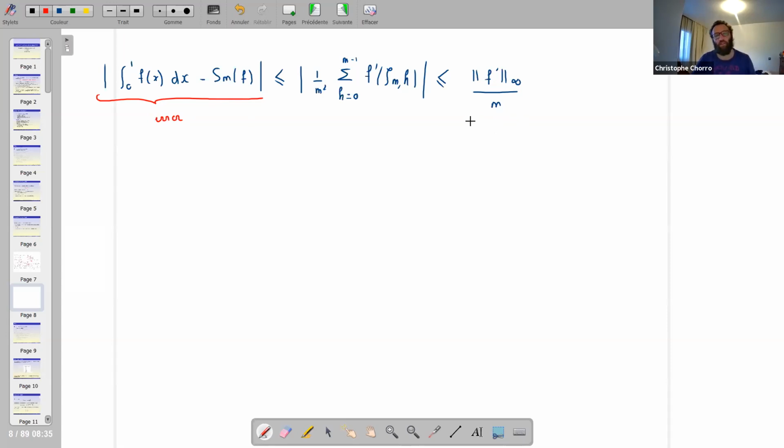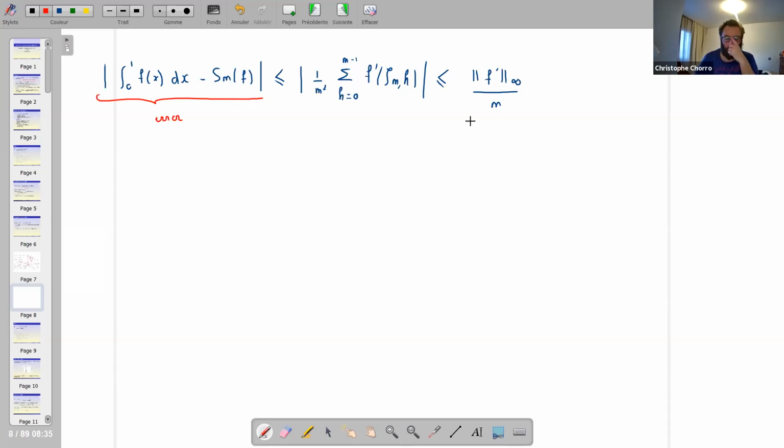I recover that this error converges toward 0 when n goes to plus infinity. So you have here a proof of the Riemann sum theorem in the case where f is a little more regular than just continuous. But I also have the fact that my error is controlled by the infinite norm of the derivative over n.